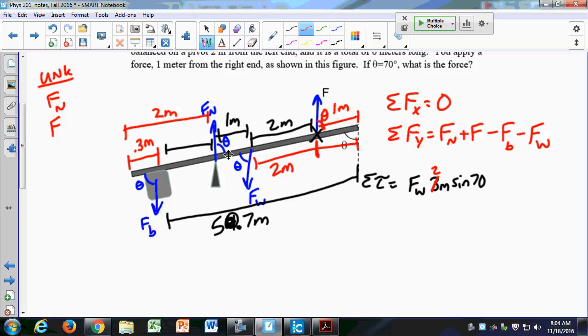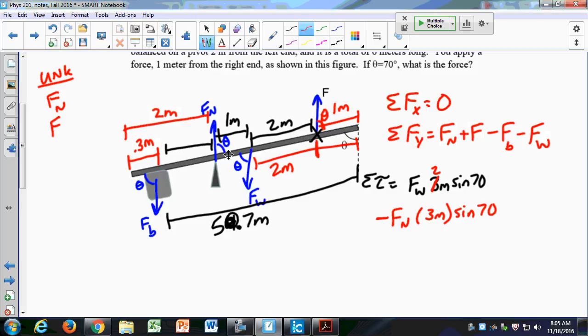So FW times 2 meters times sine of theta, and then the next force we decided is 3 meters, so it's going to be Fn times 3 meters times sine of theta, sine of 70. Is that going to be a positive or negative torque? It's going to cause clockwise motion, so that will be negative, minus Fn sine of 70.